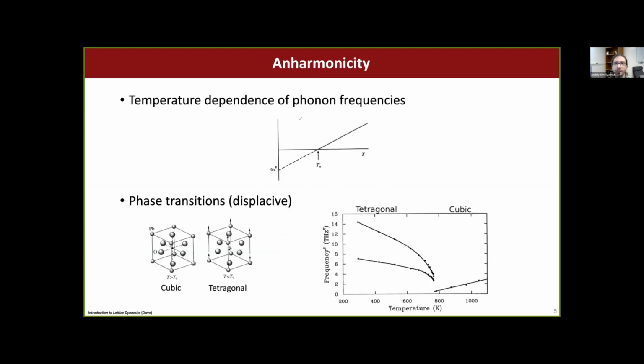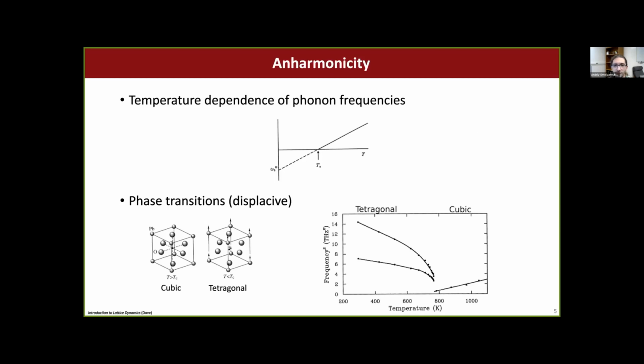Another important effect is that phonon frequencies in reality depend on temperature, and this dependency is not captured in the harmonic approximation. Here you see an example of a so-called soft mode, where the square of the frequency depends linearly on temperature.